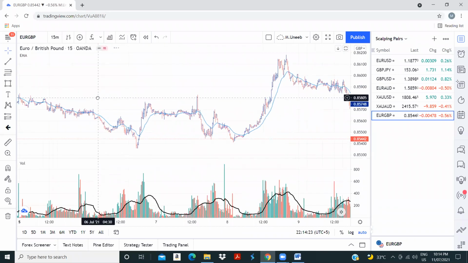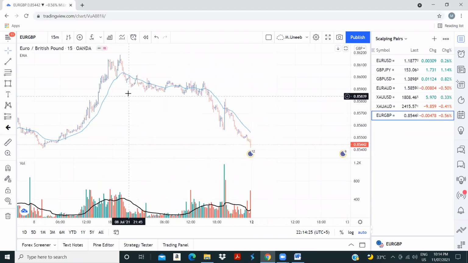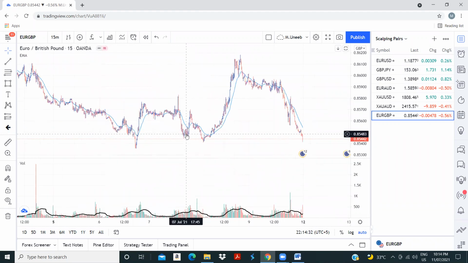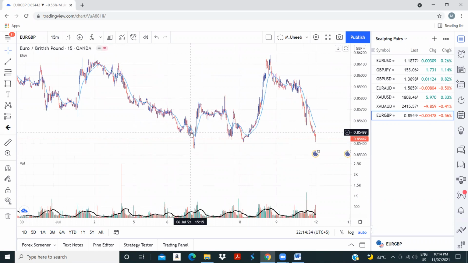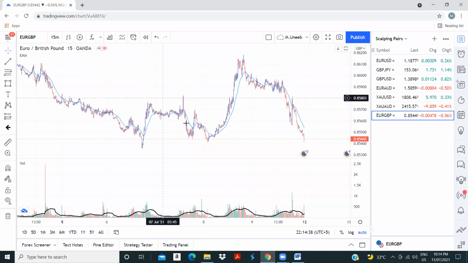I think we considered right over here. Exactly same principles will be followed here as well. We mark the London.